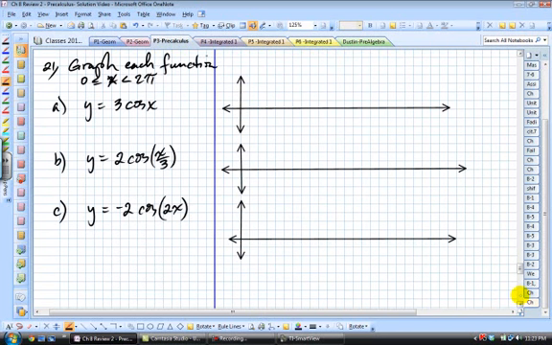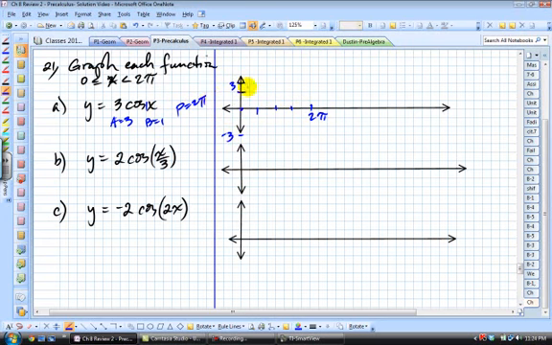Okay, let's switch it. Let's deal with cosine. So cosine, A is 3, B equals 1. Alright, so here we go. Gotta go up to 3, down to negative 3, 1, 2, 3, 4, put down 2 pi. Period is 2 pi, because B is 1.